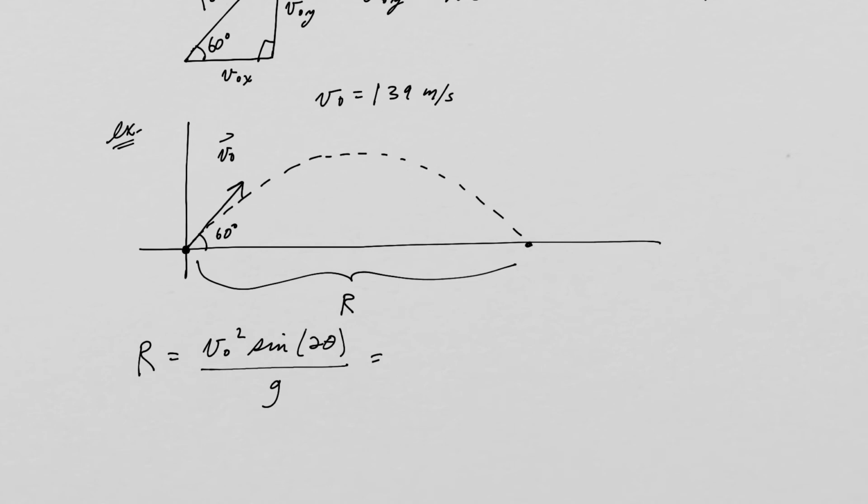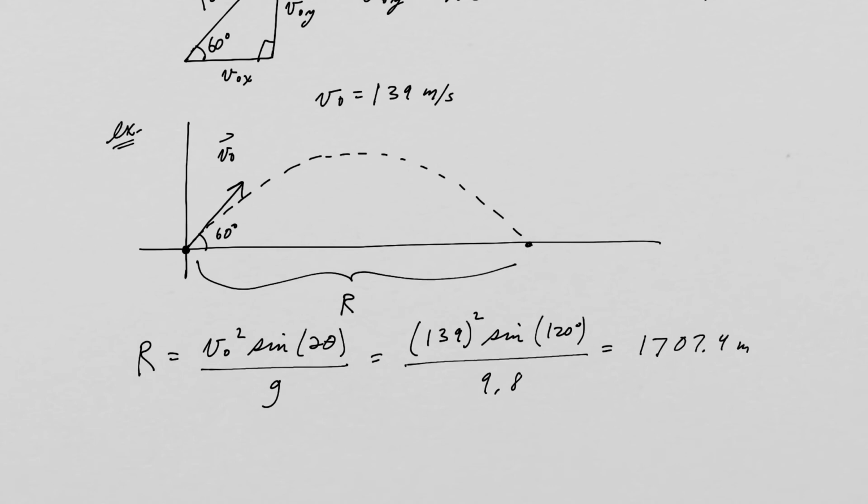So you would just plug in: 139 squared times sine of 2 times 60, so that's 120, divided by g, which in SI units is 9.8. In this case, you would get something like 1707.4 meters. So that's a matter of just plugging it in.